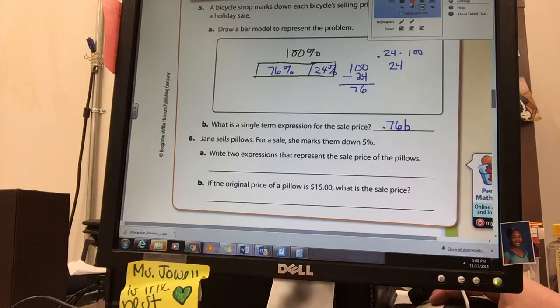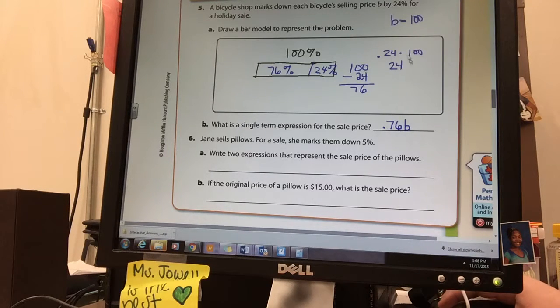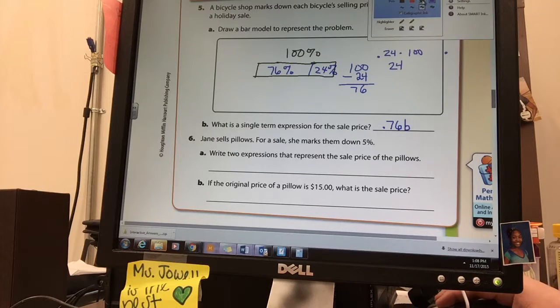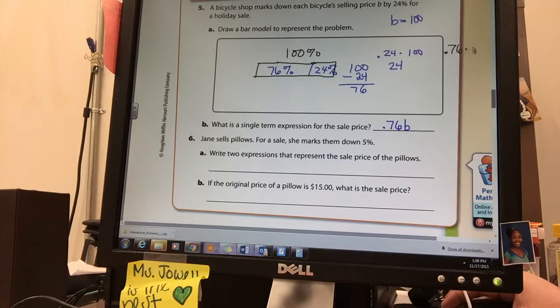Or the second way I could do it is say, okay, I'm only paying for 76%, so I'm going to do 0.76 times 100, and it's going to tell me the 76 also.